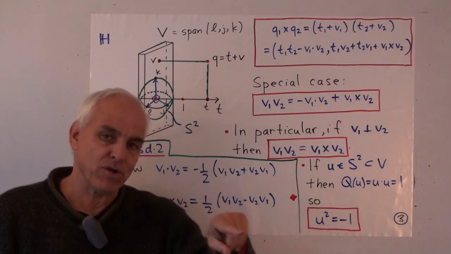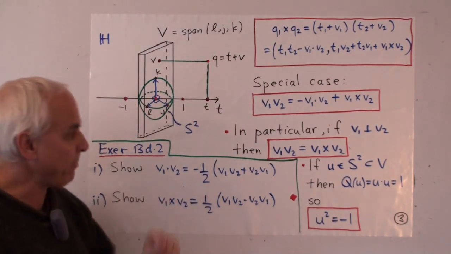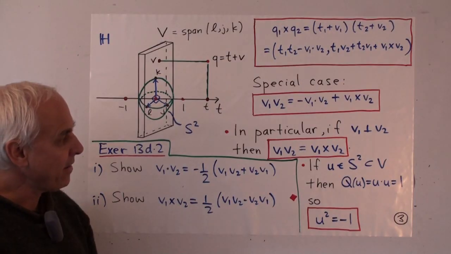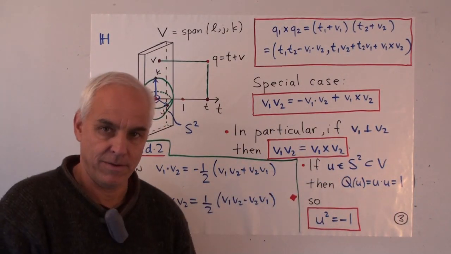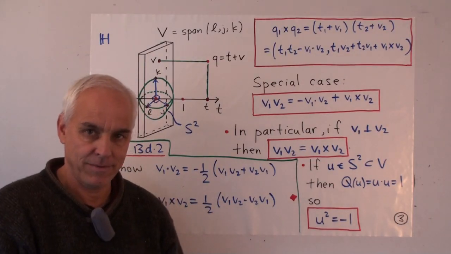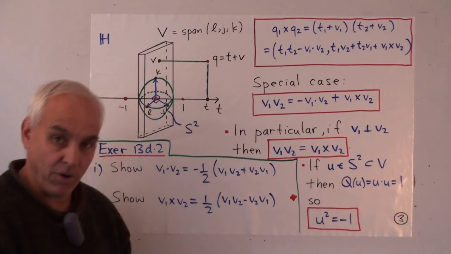And now there's a special case of this formula, which is also very important, which is what happens when the two vectors v1 and v2 are themselves orthogonal or perpendicular. That translates to the dot product being 0.